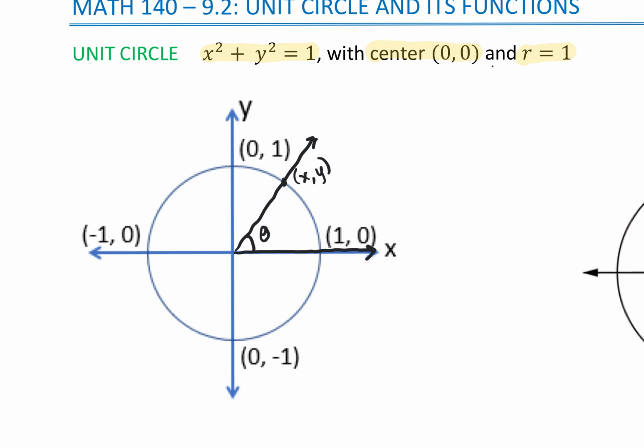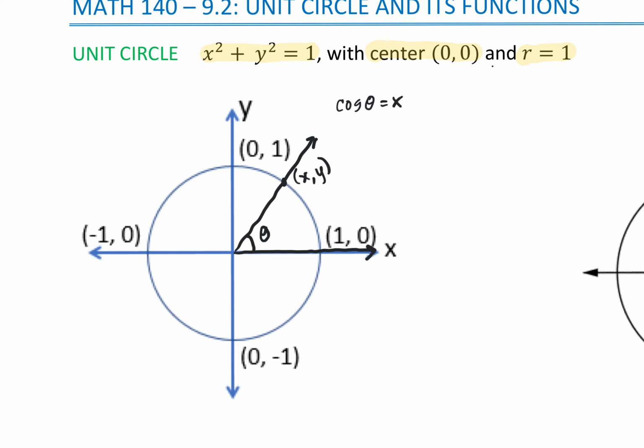So what I'm going to do now is that point x and that point y, I'm going to create two functions where I'm going to call the cosine function, which we'll abbreviate as COS, with respect to this angle theta, I'm going to let that be my x value.